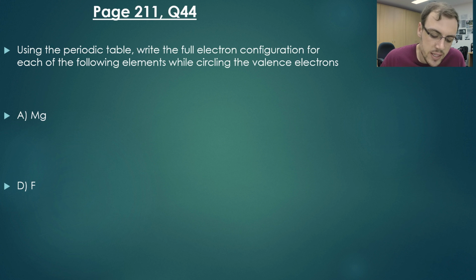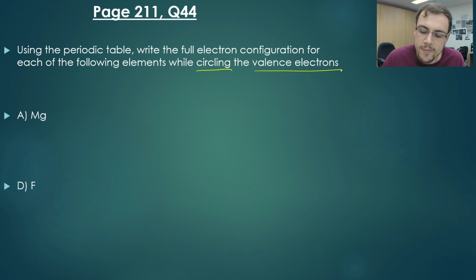Okay, let us focus our attention now on the very last question. Using the periodic table, write the full electron configuration for each of the following elements while circling the valence electrons.